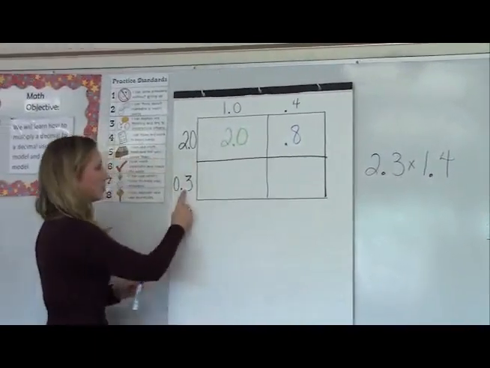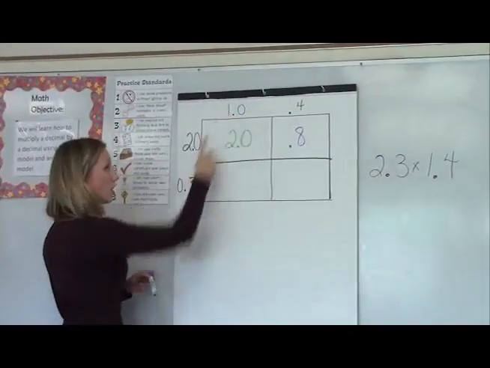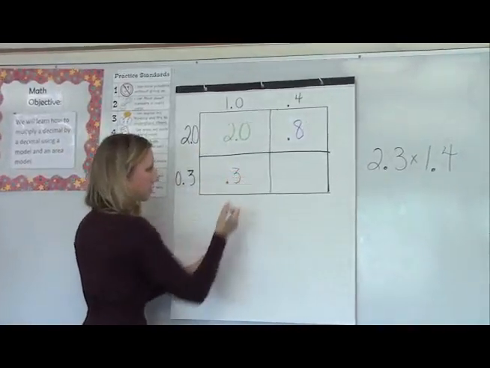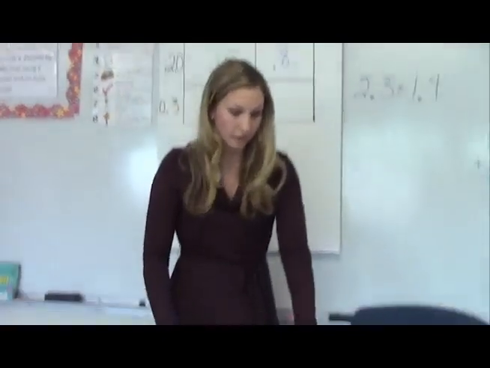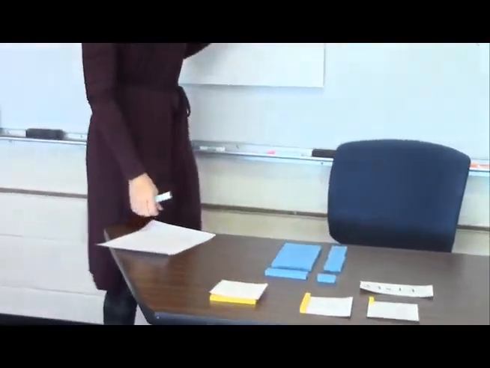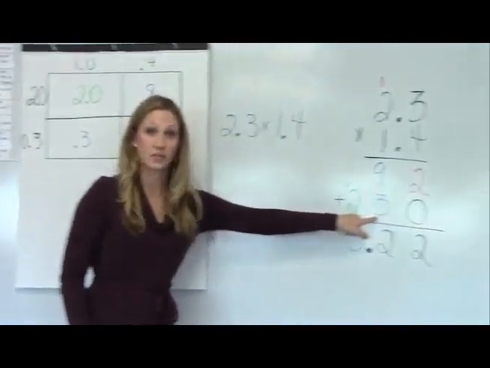I'm going to then multiply 3/10 by 1 whole, which equals 3/10. When I look back at my model, you can see that I have the 3/10 represented below. In the standard algorithm, there's that 3/10 again.